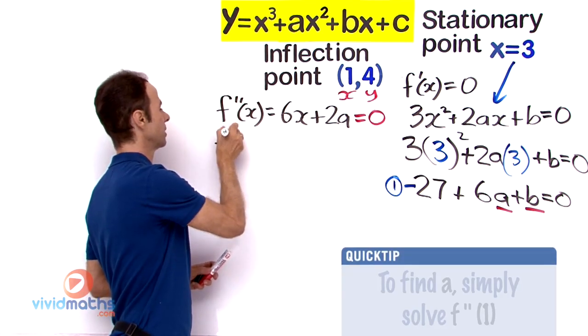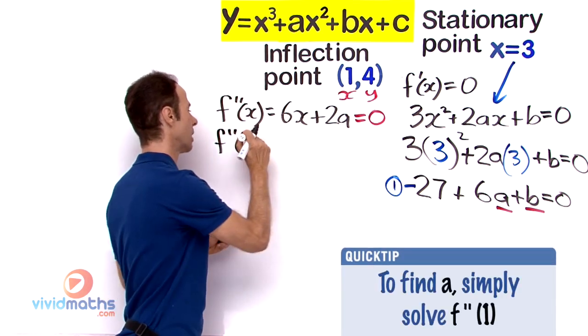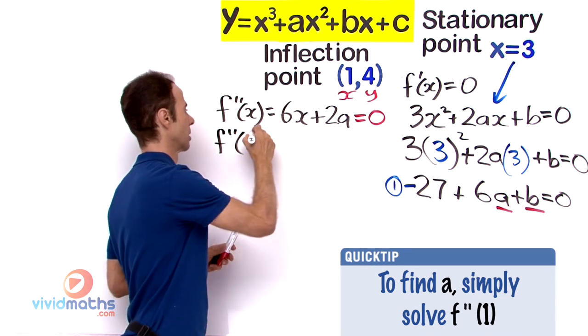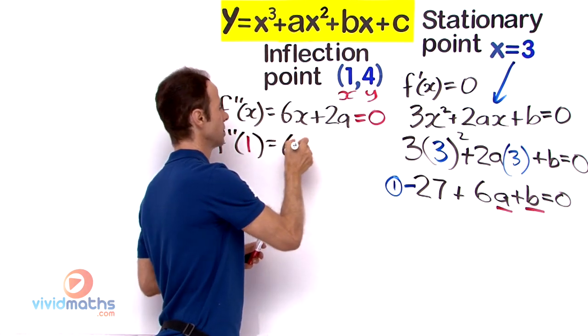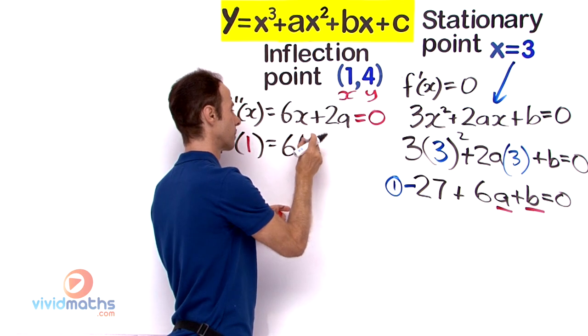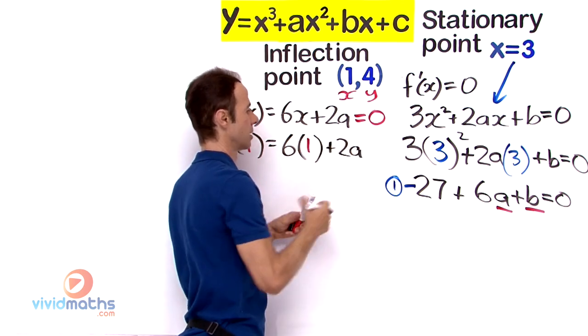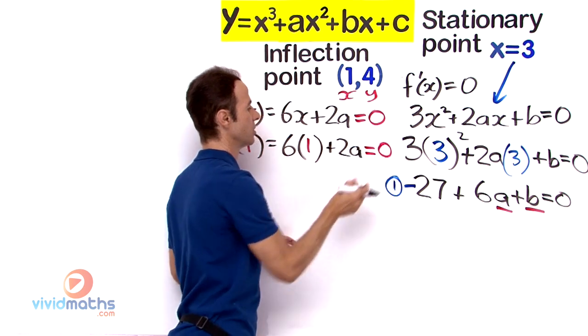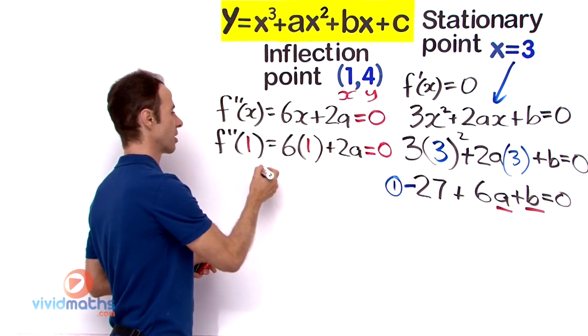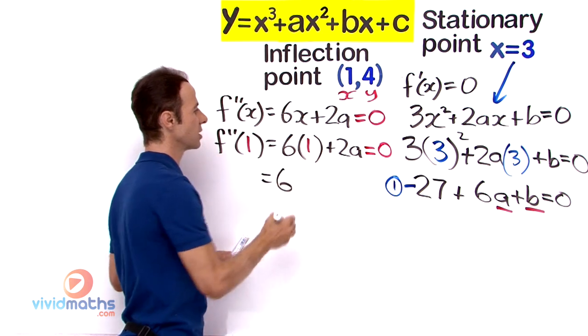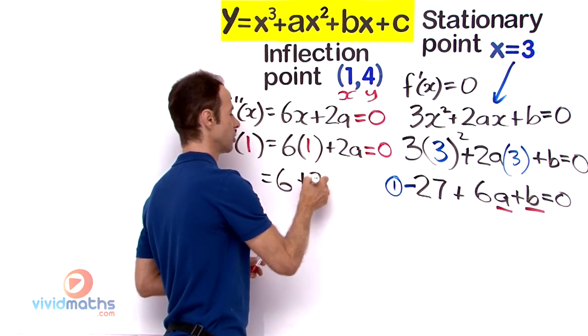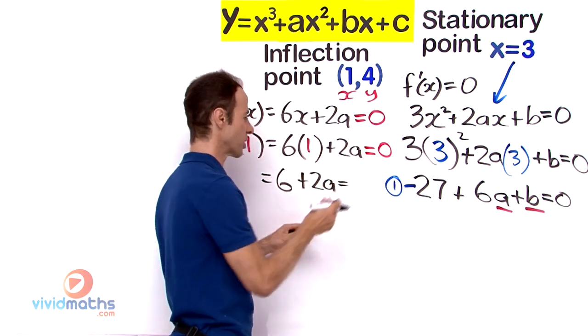So f double dash of 1 equals 6 times 1 plus 2a equals 0. Let's solve for that. 6 times 1 is 6 plus 2a equals 0.